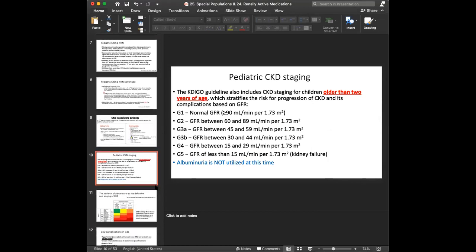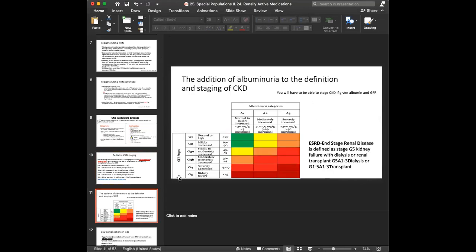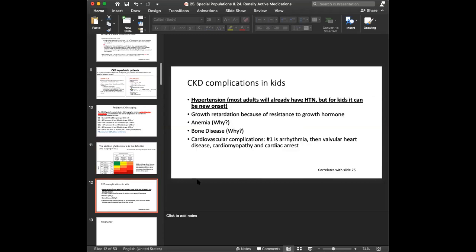Pediatric CKD staging. The staging is the KDIGO guidelines for older than 2. Complications: hypertension.